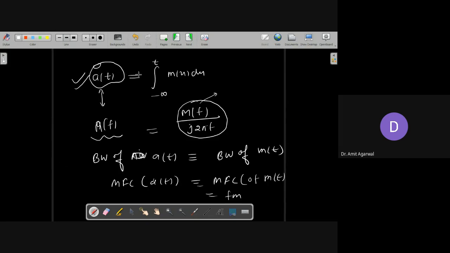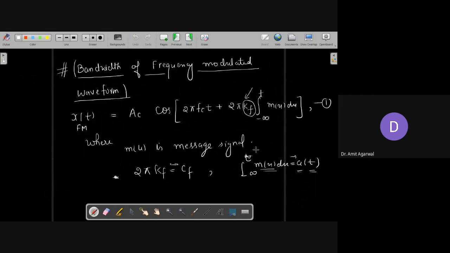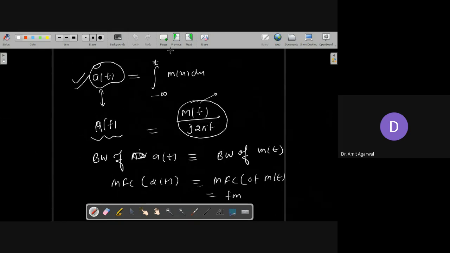And A(t) we have represented as the integral from minus infinity to t of m(u) du. If you remember from our very initial discussion, we replaced the integral of m(u) du with A(t). So what is the spectrum of A(t)? The Fourier transform of A(t) would look like this. This is very simple, and you know it from your signals and systems course.